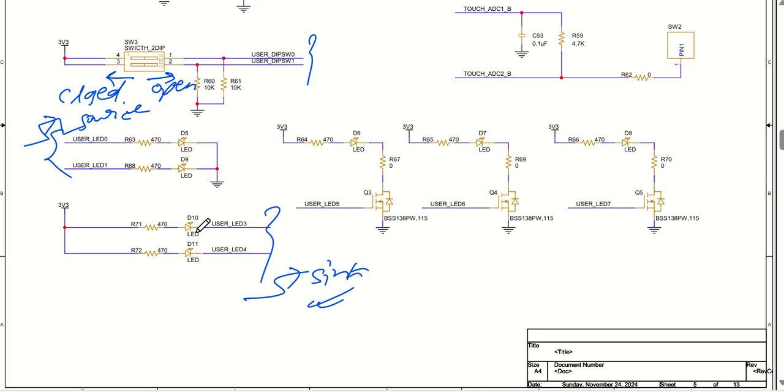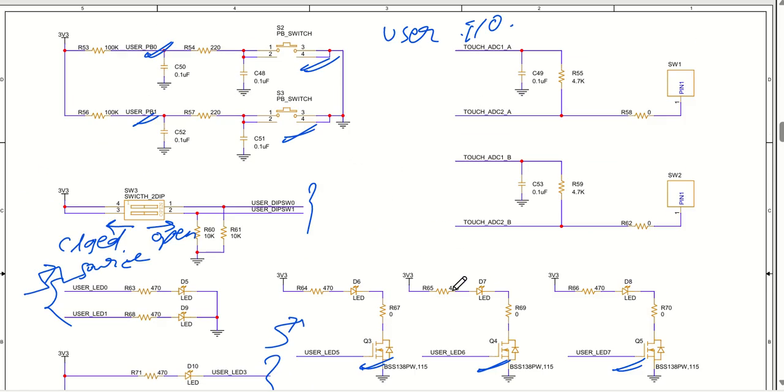If you have to drive the LED with very high current, you can directly drive it through the main power supply of 3.3 volt or 5 volt, whatever you want, and then you control this particular MOSFET using your IOs. So microcontroller IOs will just help you switch on and switch off this MOSFET, and this is how you will be able to understand.